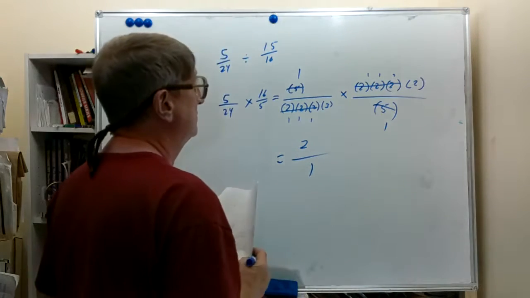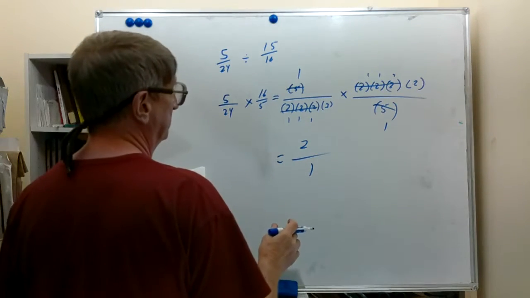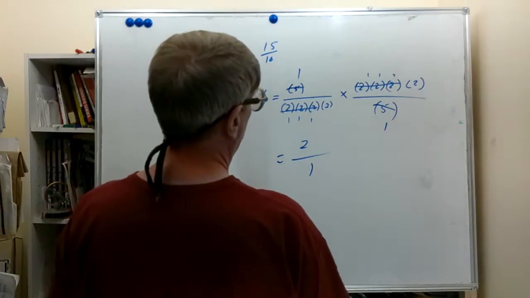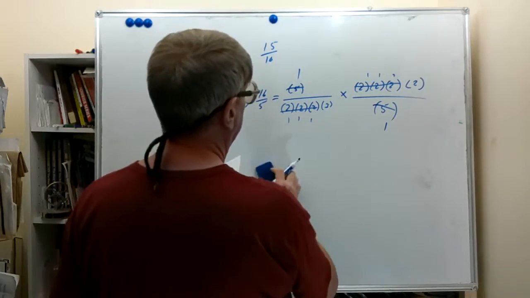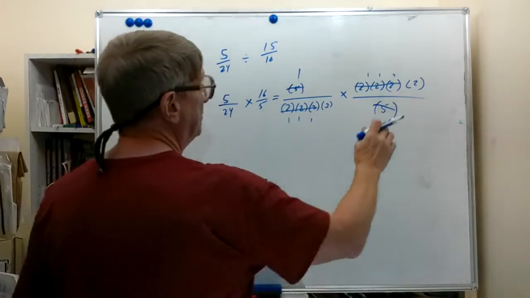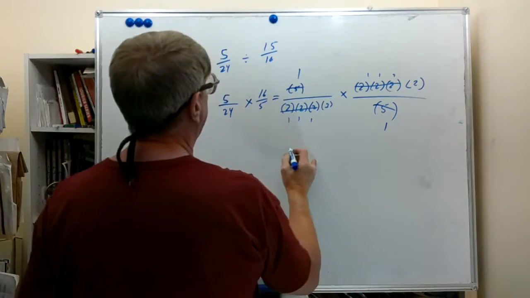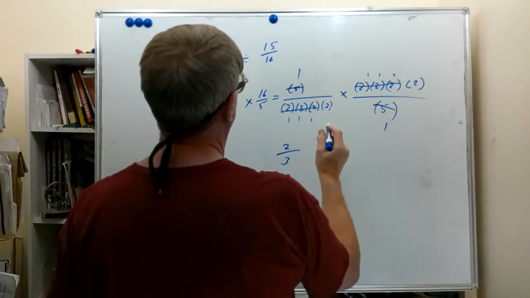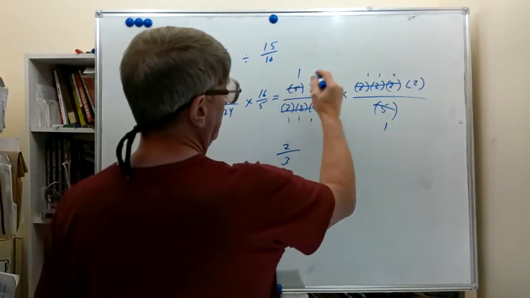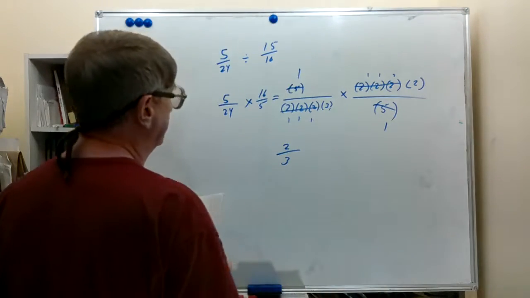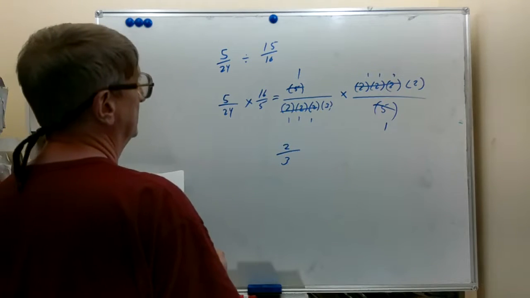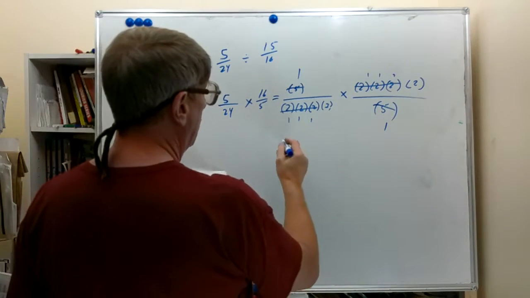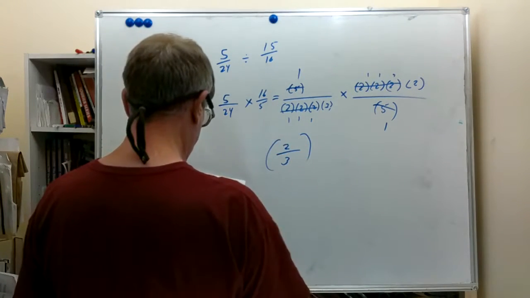Somehow I think I got it backwards here. Okay, here we go. We have a 2 and a 3 left, so we have 2 over 3. This whole thing reduces to 2/3.